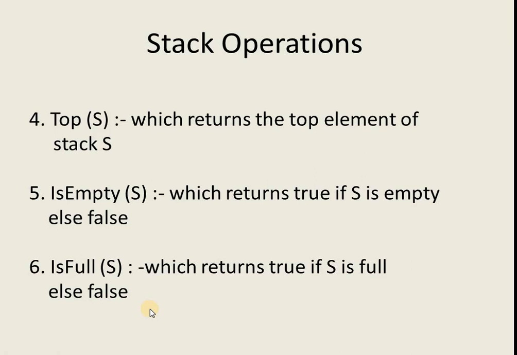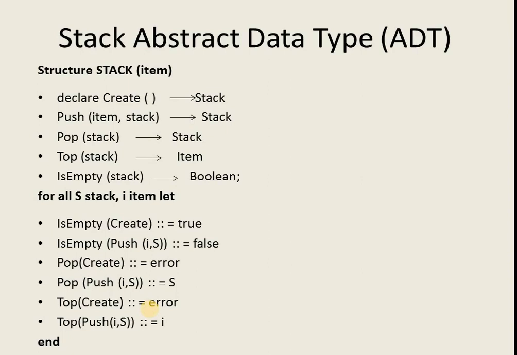Stack as an ADT. So let us see how to write an ADT of a stack data structure. The structure stack, first function will be create function, which will return an empty stack. The second function push, which will require two parameters, item, and we will pass the stack.